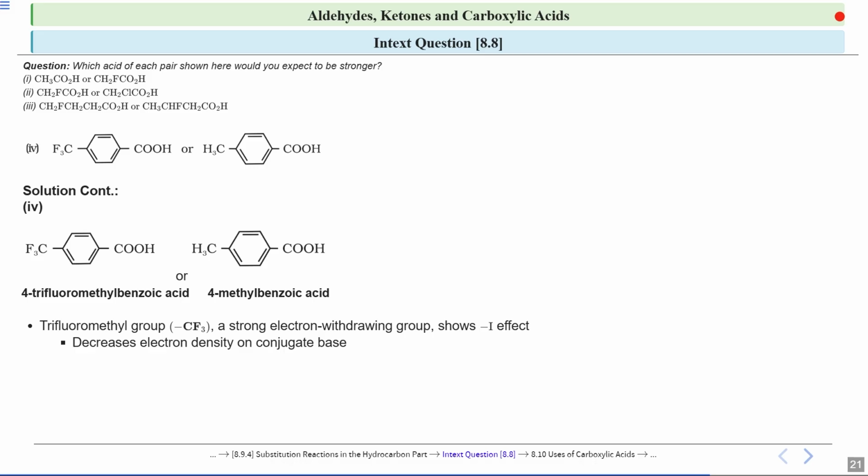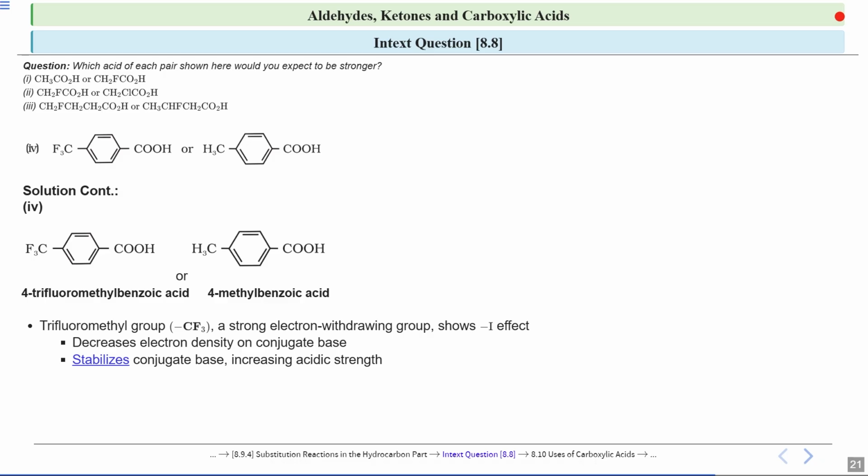Because of this CF3 group pulling the electron density away, it decreases the electron density on the conjugate base of the acid. This is important because a lower electron density makes the conjugate base more stable. A stable conjugate base means a stronger acid. So by stabilizing the conjugate base, the trifluoromethyl group increases the acidic strength.